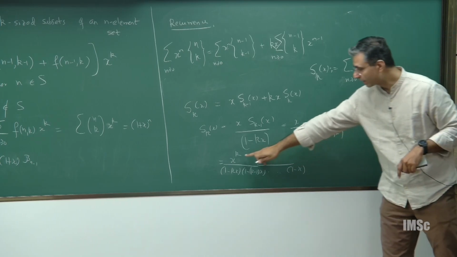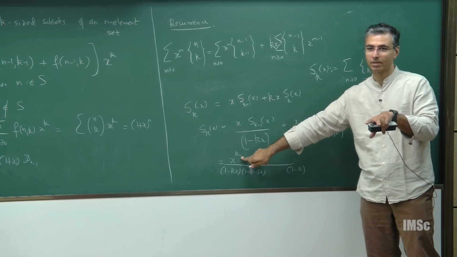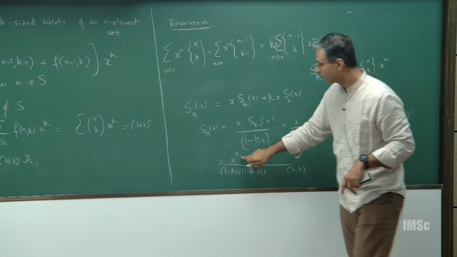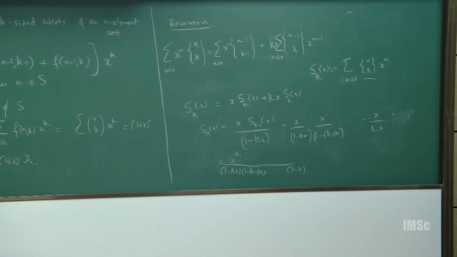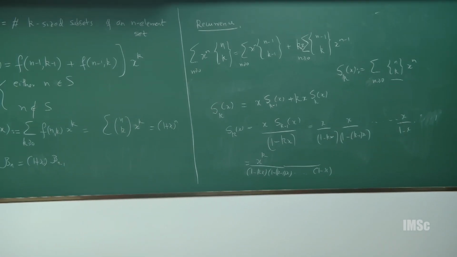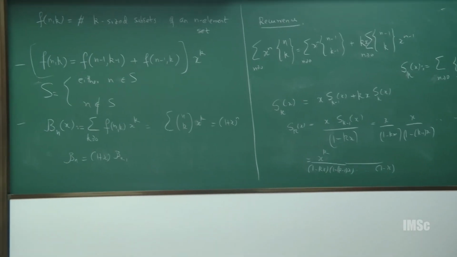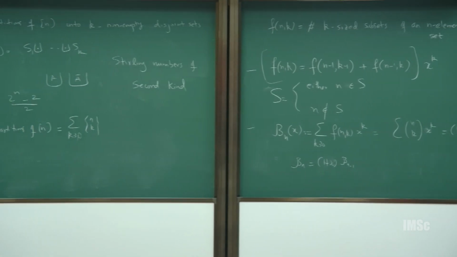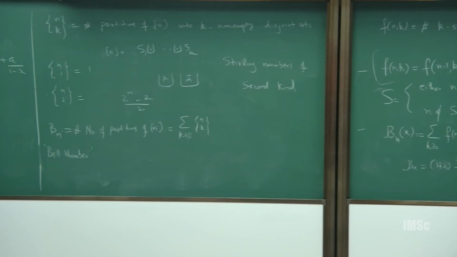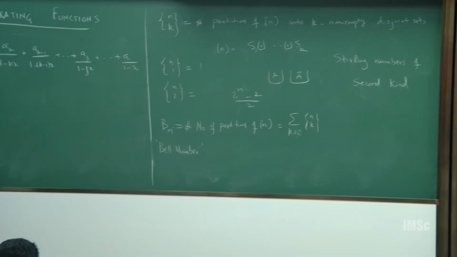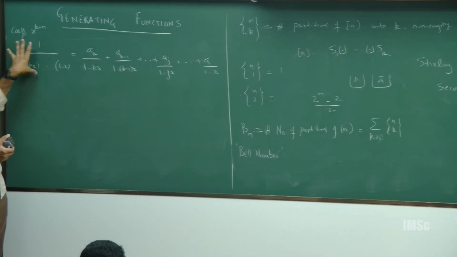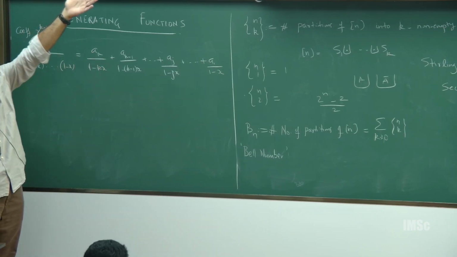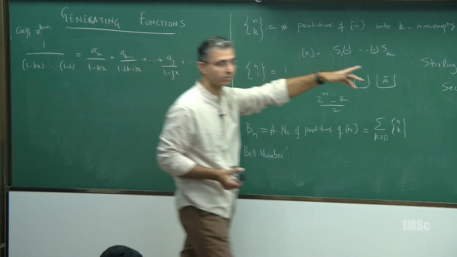But x raised to k is always there. Okay, so you know that for the coefficient of x raised to n, there is an x raised to k here. So the really interesting part is the coefficient of x raised to n minus k in this series. If you find the coefficient of x raised to n minus k in this ratio, then you just have to multiply by x raised to k to get the coefficient of x raised to n in what you are interested in, right.